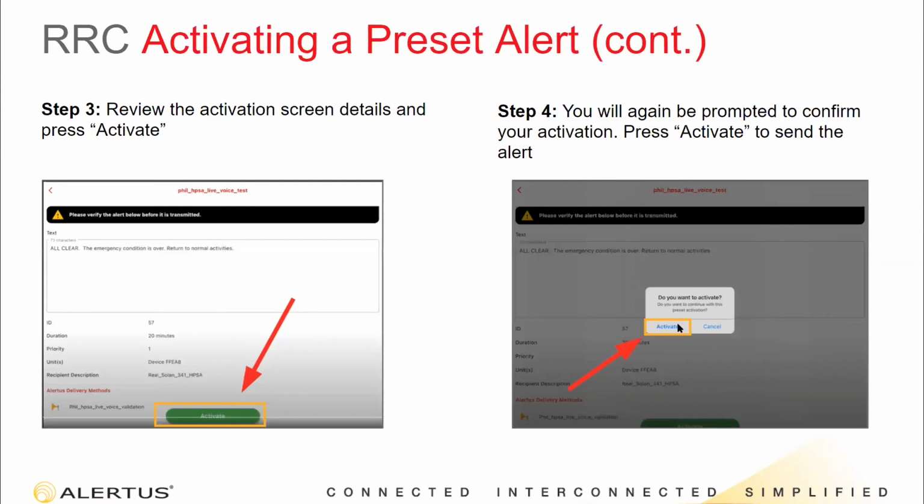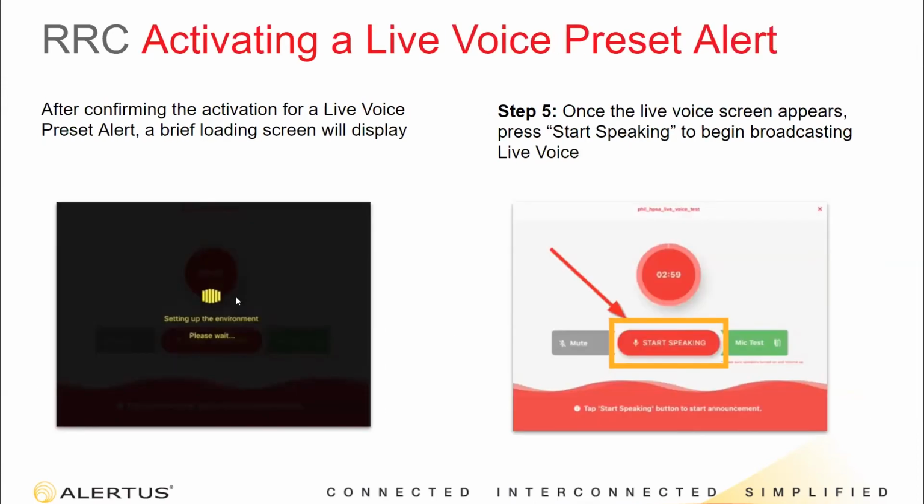So after this last step, activate, you will see here a waiting screen setting up the live broadcast environment. Once you're taken to this screen, simply click on Start Speaking. While broadcasting live voice, a countdown of the time remaining for the alert will be displayed in the middle of the screen.